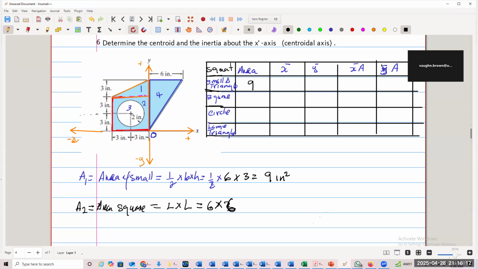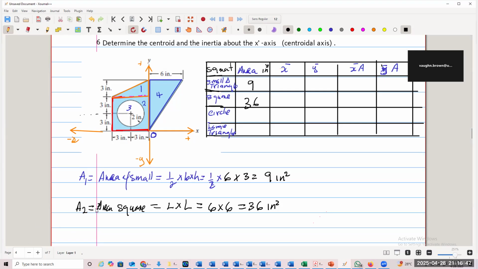So that gives you what? 36 square inches. All right. So let me just write that properly. 6 times 6, and this gives me 36 square inches. All right, so that says 36 here. You could just put square inches up there if you so desire.